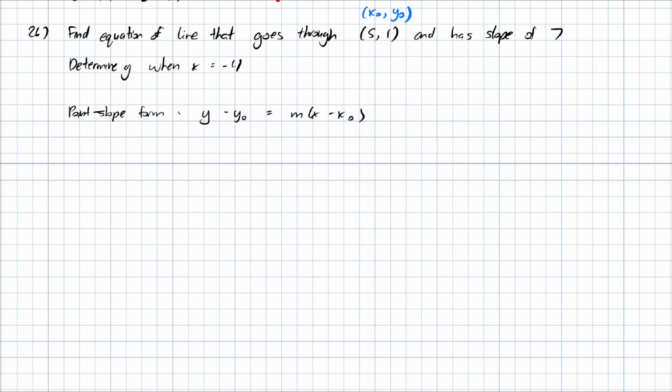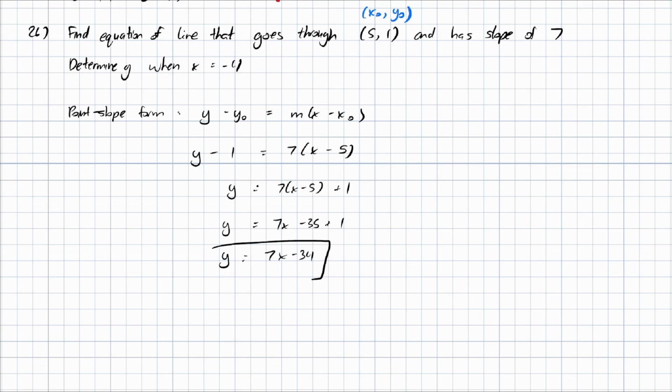So we have y minus 1, right? Yeah, well, I think, minus 1 goes 7 times x minus 5. So you have y equals 7 times x minus 5 plus 1. So y equals 7x minus 35 plus 1. Y equals 7x minus 34. Okay. So that is my equation.